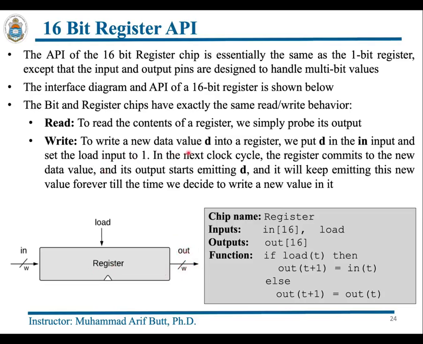However, to write a new value into this register, we put the value at the in input, and we set the load input to high, or 1. And in the next clock cycle, remember, in the next clock cycle, the register commits to the new data value, and its output starts emitting the new data value, that is D. And it will keep emitting this new data value forever until we decide to write another new value inside it.